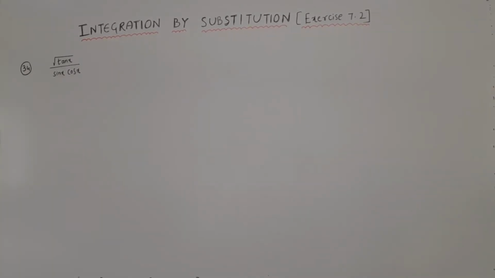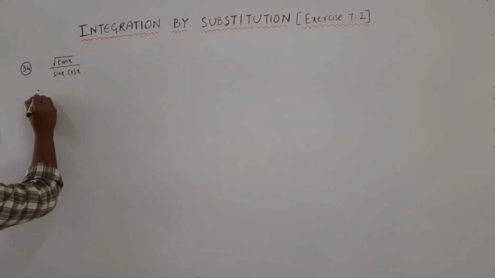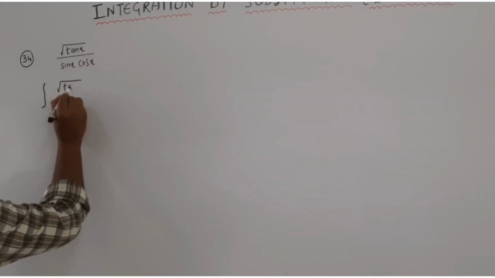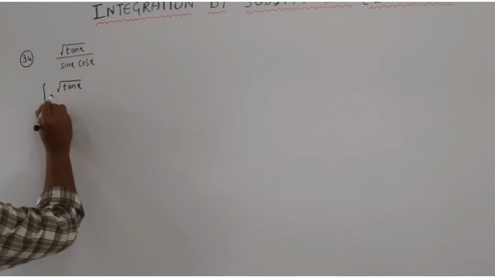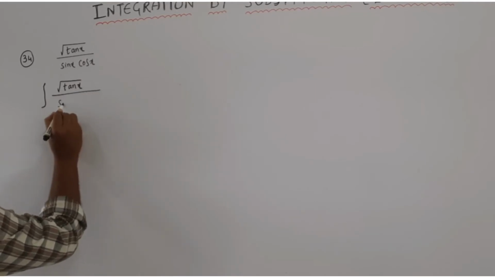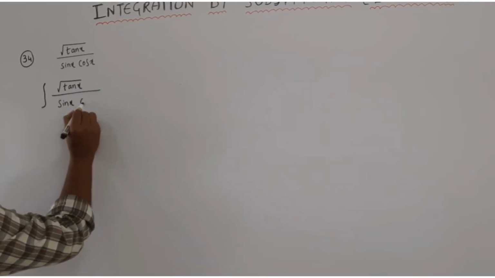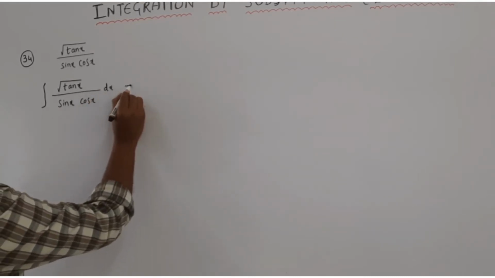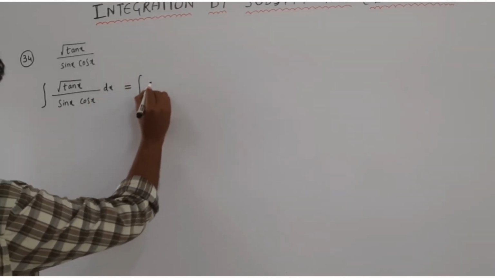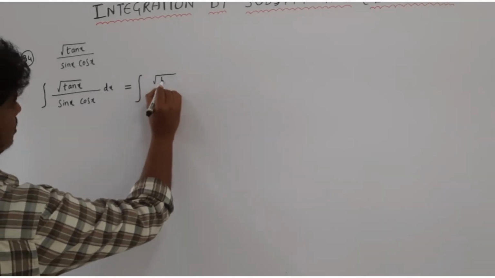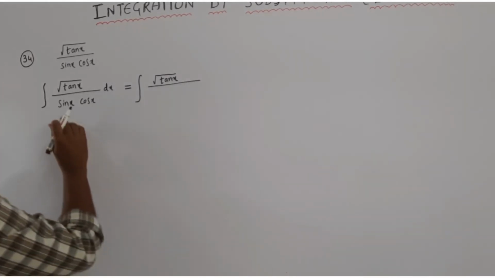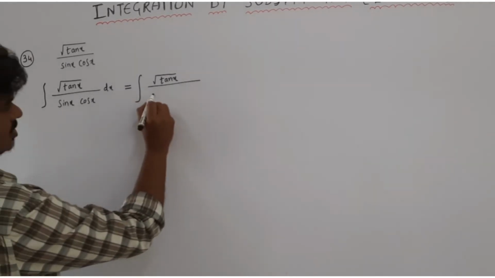Next, problem number 34. What is the integral of root over tan x divided by sin x cos x dx? I am going to write it as the integral of root over tan x divided by, just multiply and divide by cos x.